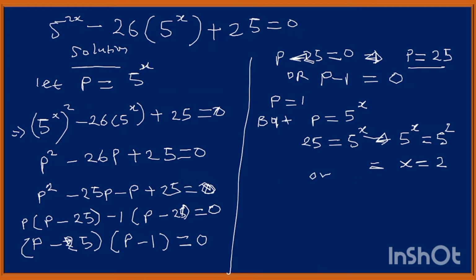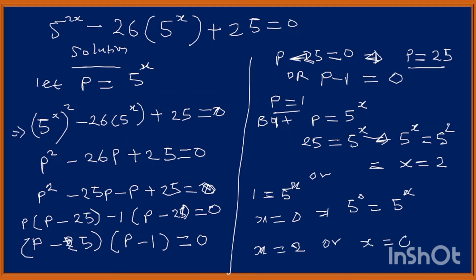Or when p = 1, we have 1 = 5^x. So x will be equal to 0, because we can change 1 to be 5^0 = 5^x.